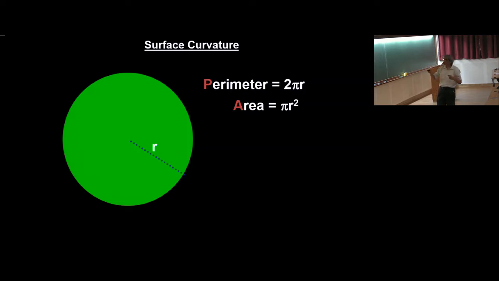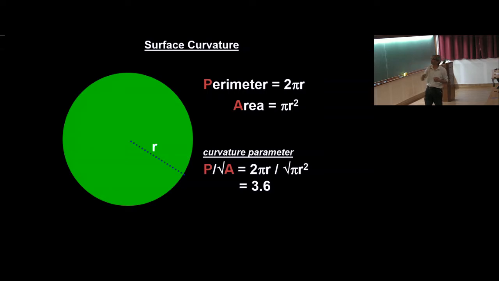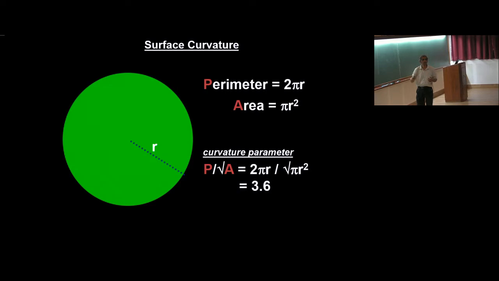And since we know that the curvature is generated by differential growth between the periphery and the center, you can take a ratio of the two. Of course, this is R and this is R square, so you can take a curvature parameter which is P over root A, so that the R gets cancelled and all you have is a number.